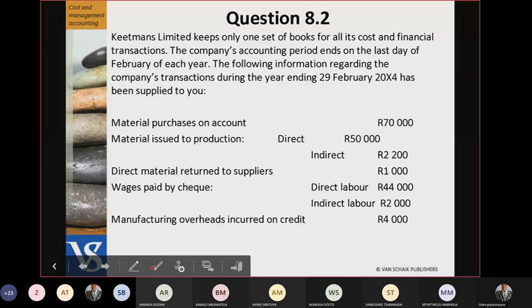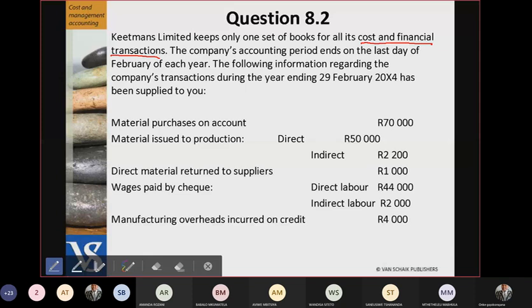And that information is sufficient, guys, to tell us which method the company is using between integrated and interlocking. So is there anyone who can tell us which method is being adopted by Kidman's Limited? If they are saying here that they've kept only one set of books for all its cost and financial transactions, that is clear.